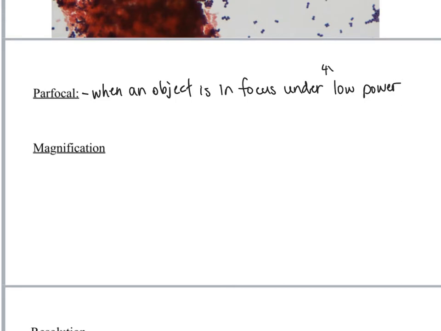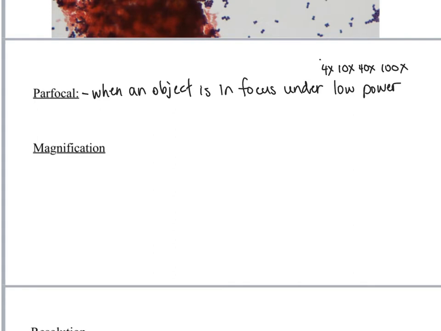There's actually the scanning, which I often call the 4x low power because it's the lowest, but technically that's the scanning. There's a medium that's 10x, a high that's 40x, and an oil immersion that's 100x.